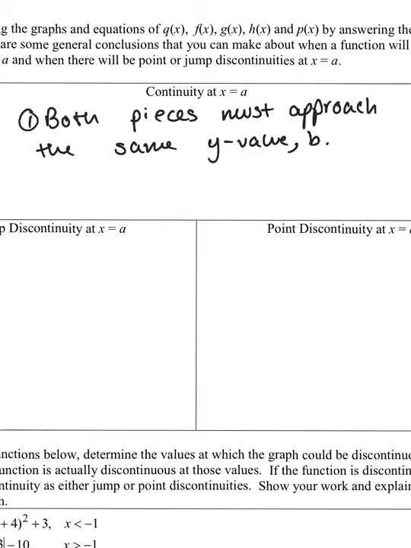So they're approaching the same y value b, and the function of a has to be b, okay? So in order for it to be continuous, both pieces must approach the same y value, b, and the function of a must be equal to b. All right?